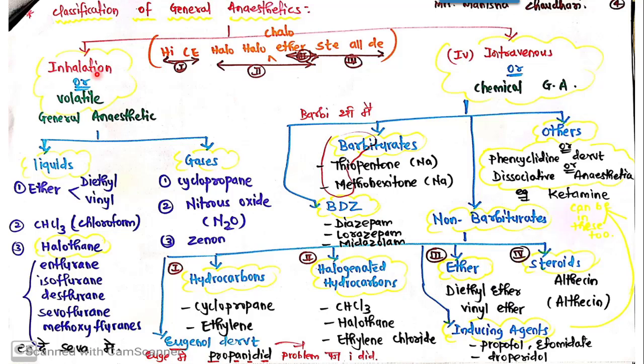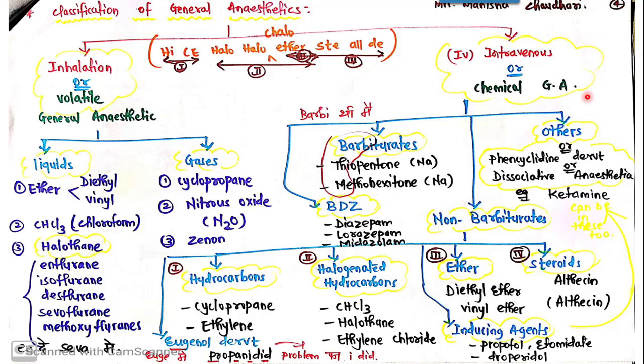First is inhalation, second is intravenous. As you can see from the terminologies, general anesthetics are classified based on their route of administration: the inhalation route and the intravenous route. Inhalation agents are also known as volatile agents and intravenous ones are also known as chemical general anesthetics.